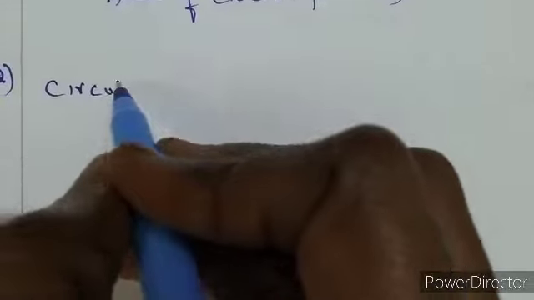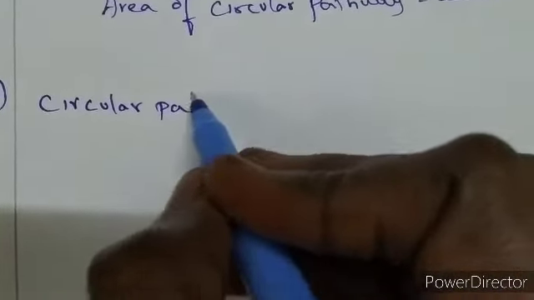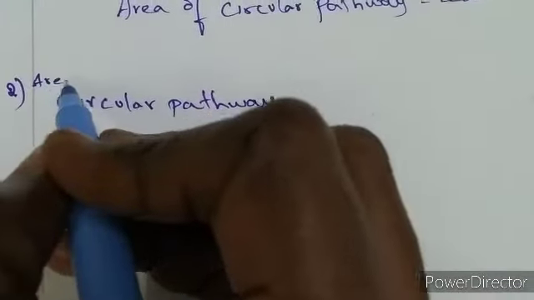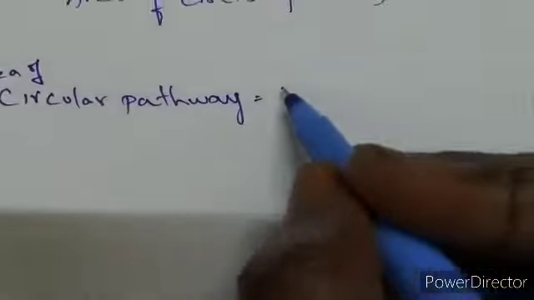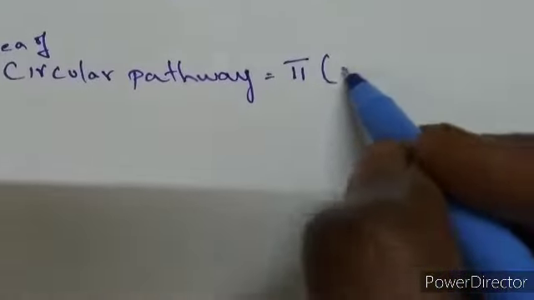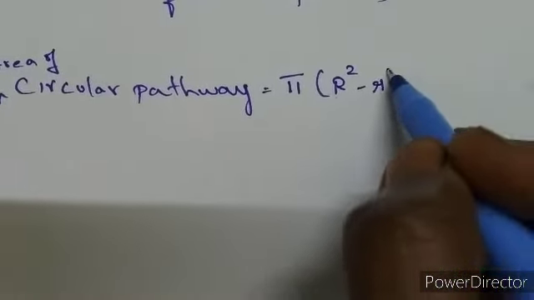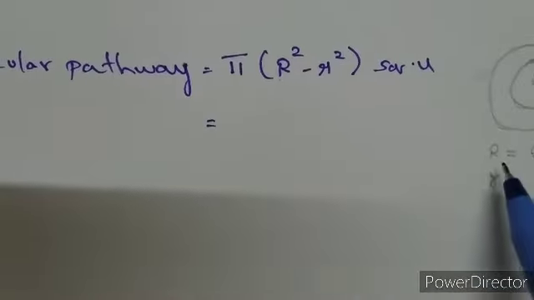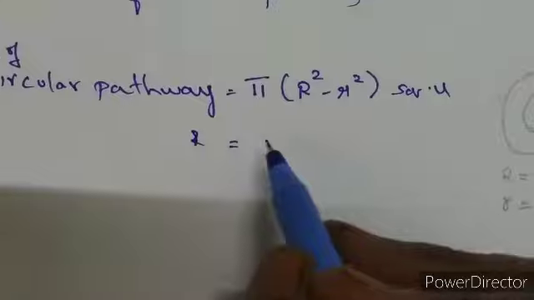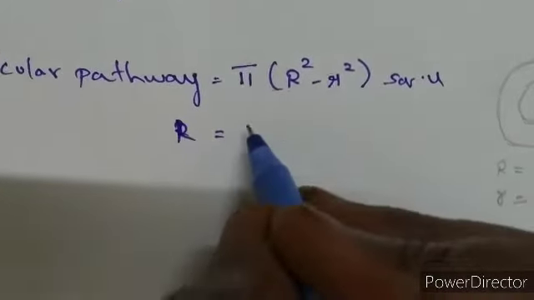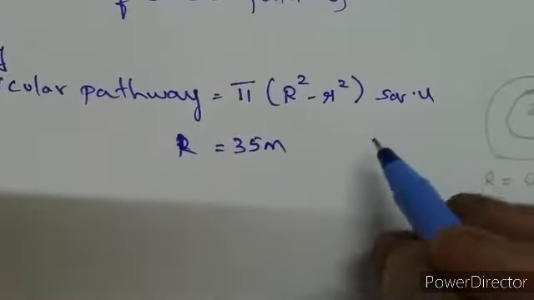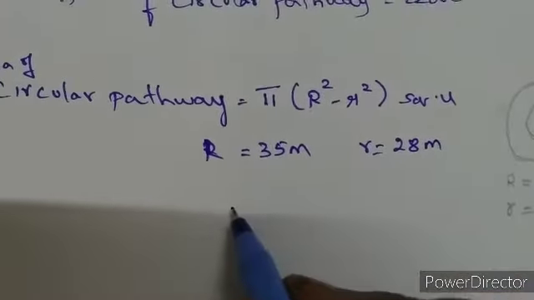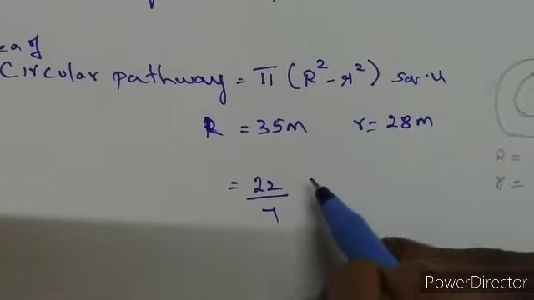Area of the circular pathway is equal to, what is the formula? Pi capital R square minus small r square, square unit. Capital R is 35 meter, and the inner circle radius is 28 meter. Now pi value is 22 by 7.